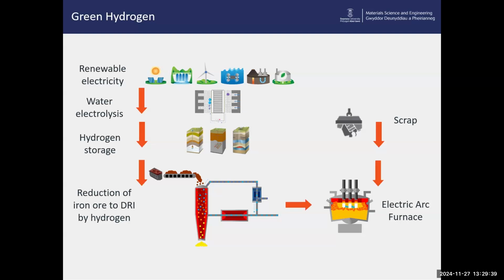And finally, with DRI and scrap used to make steel via the electric arc steelmaking process, powered by yet more renewable electricity. So you can see how all this links back to renewable electricity.